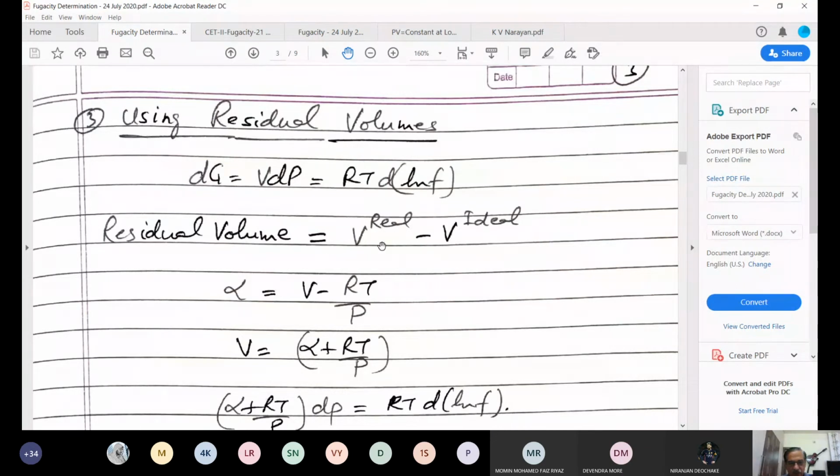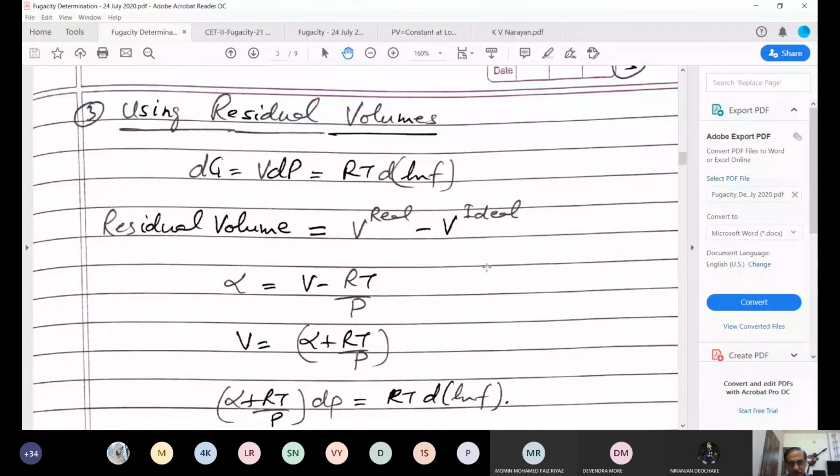Suppose you take a real gas, and you know the volume is say 1.01 cubic meters. If that gas had behaved like an ideal gas, how much volume would it have occupied? So the difference between real gas and ideal gas at the same temperature and pressure is residual volume, right?